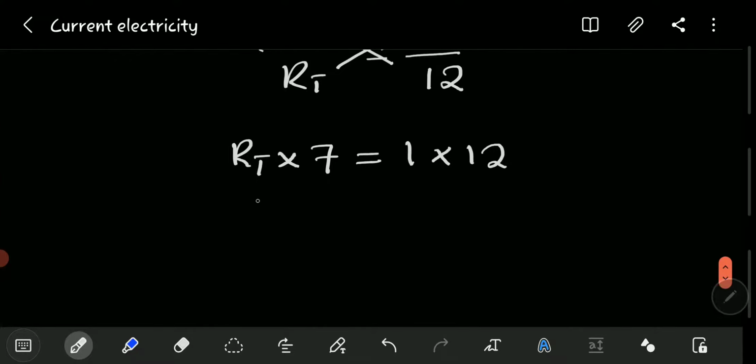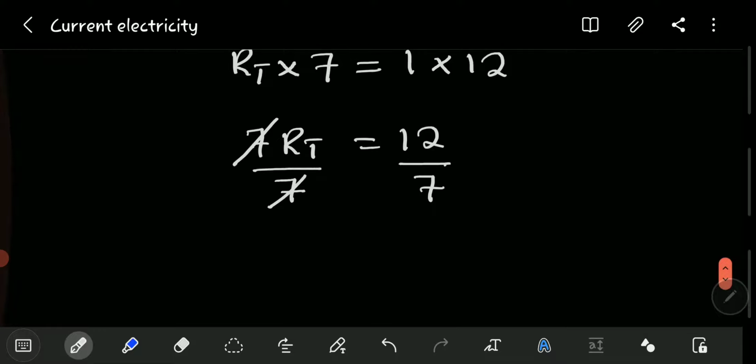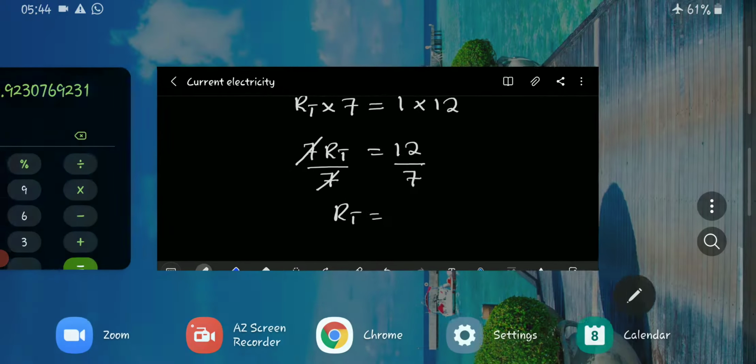So 7 R total is equal to 12. We divide both sides by 7, we cancel the 7 there. So R total is equal to 12 divided by 7.